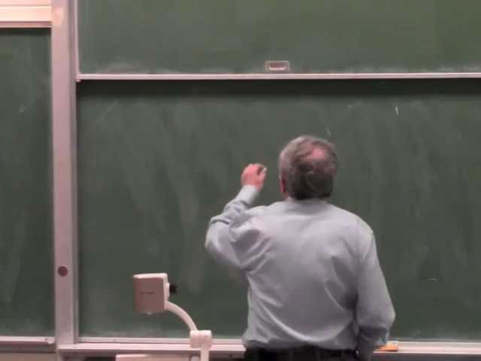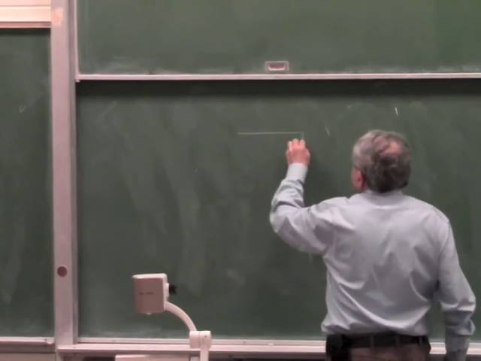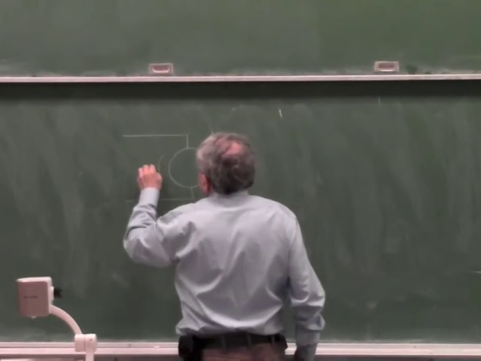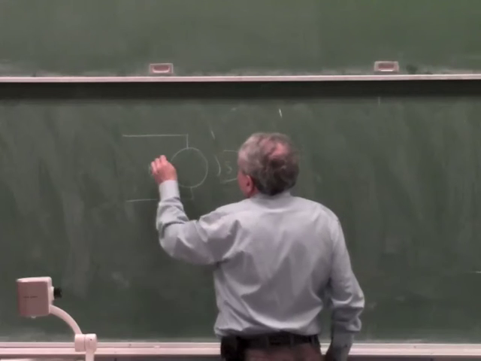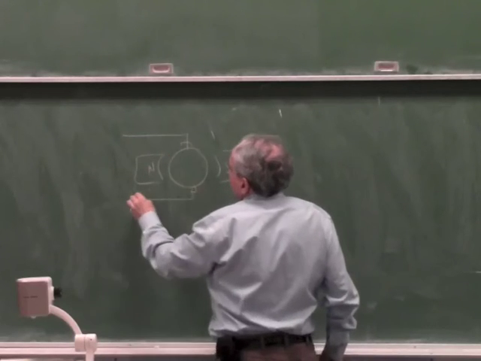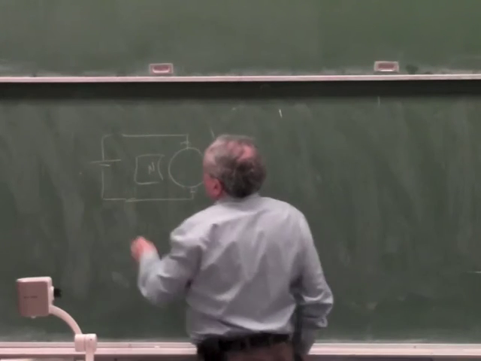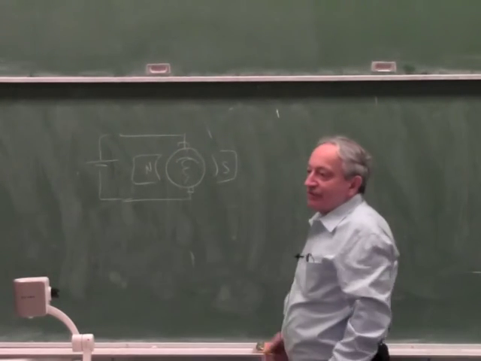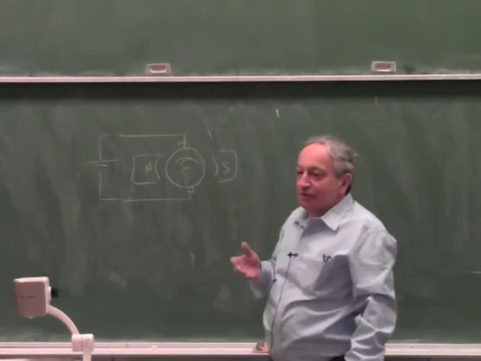Because if you have a PMDC motor and you run it from a battery, how do you actually brake it? If it runs up to full speed, you want to brake it, what do you do?